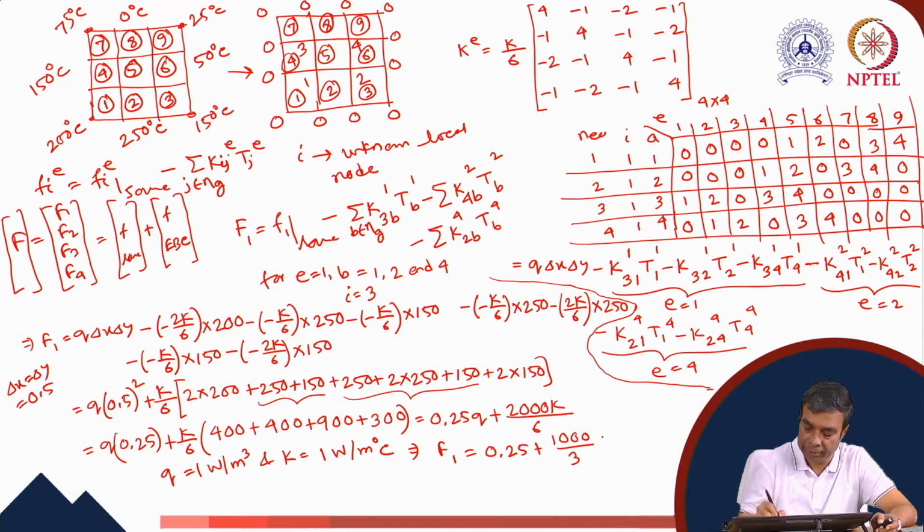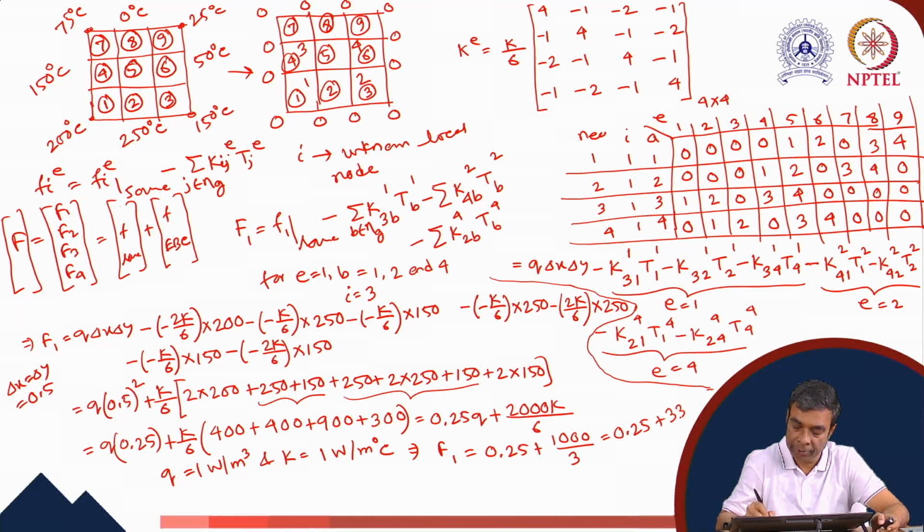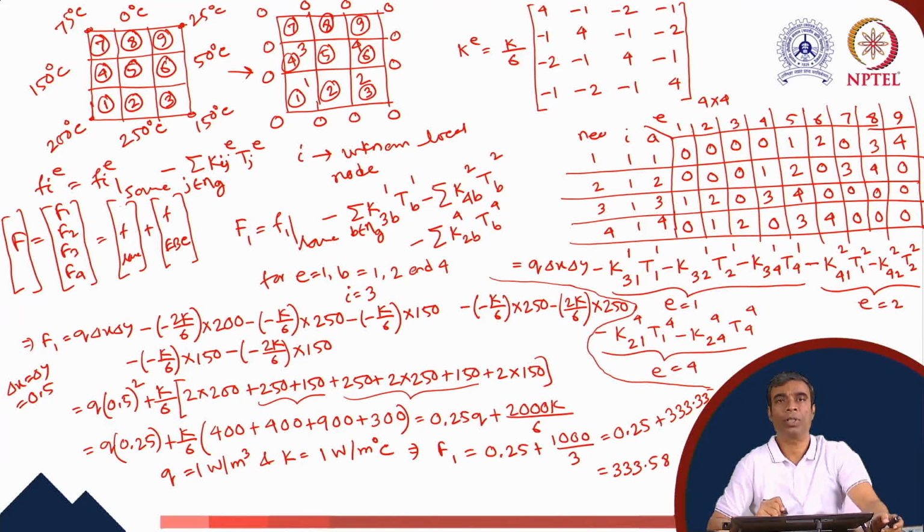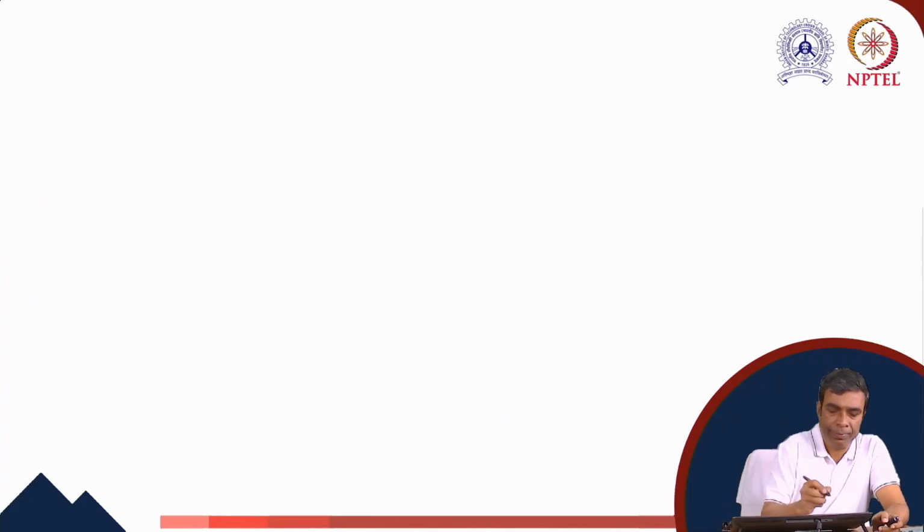So this is 0.25 plus 333.33, this is 333.58. So we have constructed the first row of the global load vector. Similarly, we can calculate F2, F3 and F4. So let us do it.